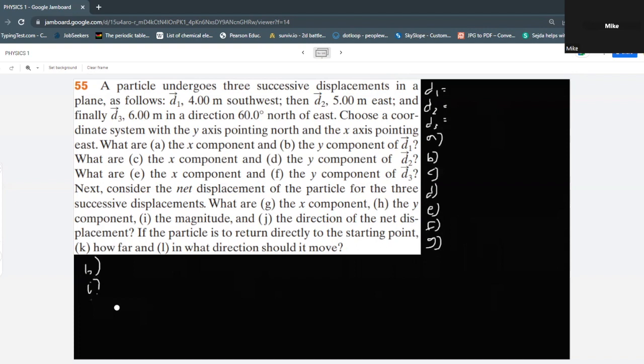The chart. Okay. So the first displacement, D1, is... The graphing pad is charging. Yes.